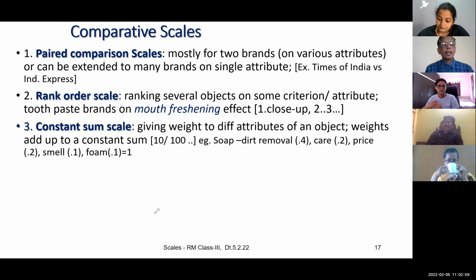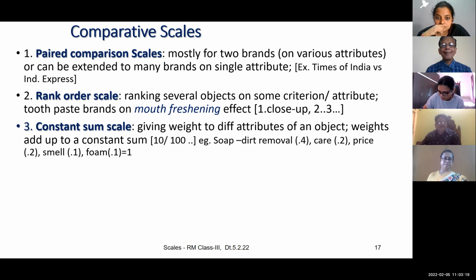Sure. Okay. Now, the third one, all of you please note carefully. This is called constant sum scale. So if you sum up the weightage, it should add up to some fixed constant number. Okay.